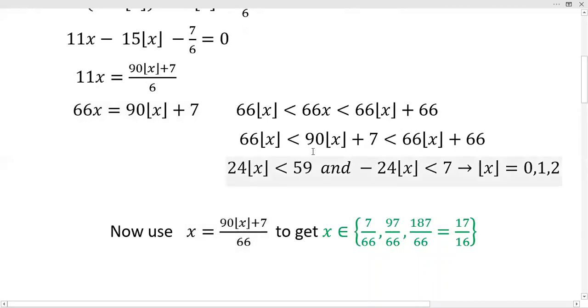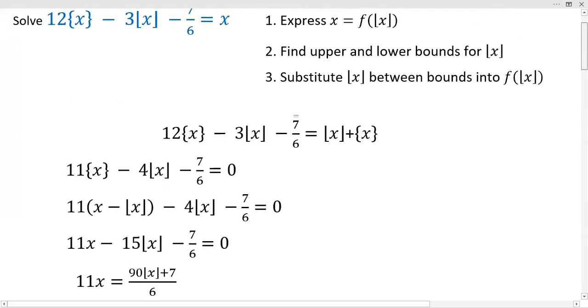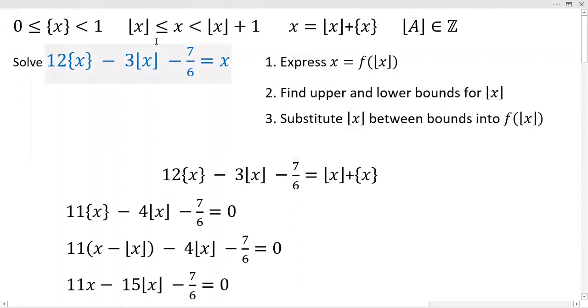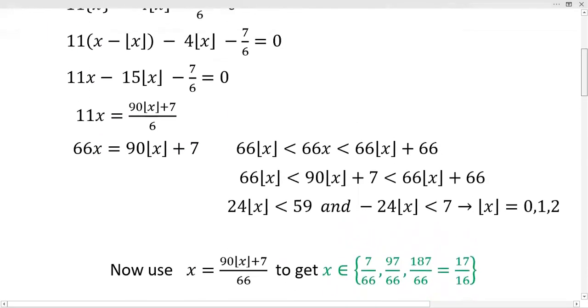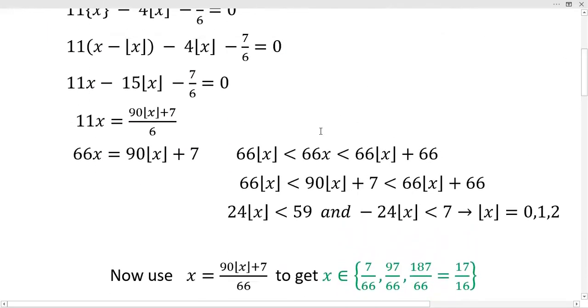Now, since we have the 66 right here, it makes a lot of sense, in fact it's necessary, to multiply this pinching theorem, or whatever you want to call it, this compound inequality by 66. There's just going to be 66 all over the place. So that's exactly where this came from.